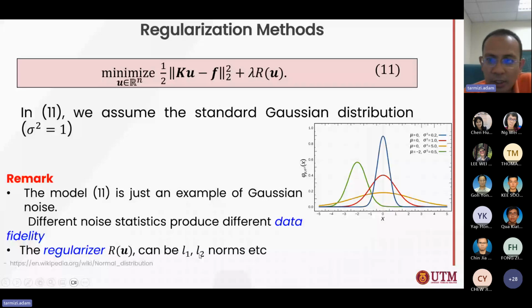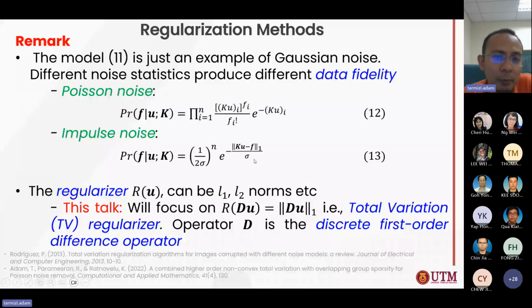This is what I alluded to before in the previous slide. If you have different probability distributions, for example the Poisson noise distribution, then you'll use this one, or impulse noise like this, and also the regularizer.